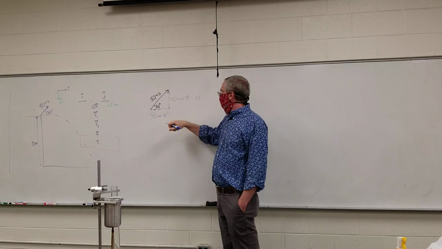We need to find time. How long is this thing in the air? Oh, I see. And so you pick the formula which does not have final velocity in it. Is that the like VI times time plus one half of acceleration times time squared?